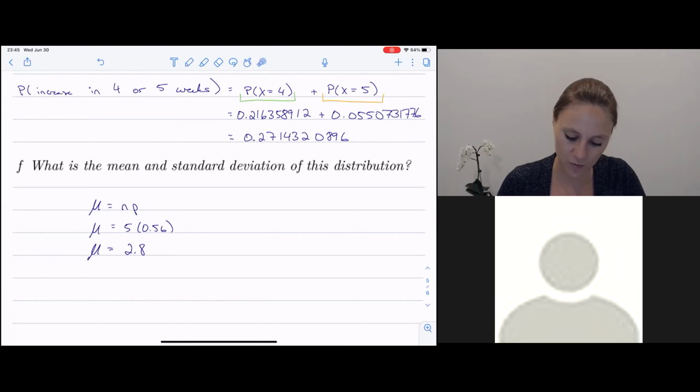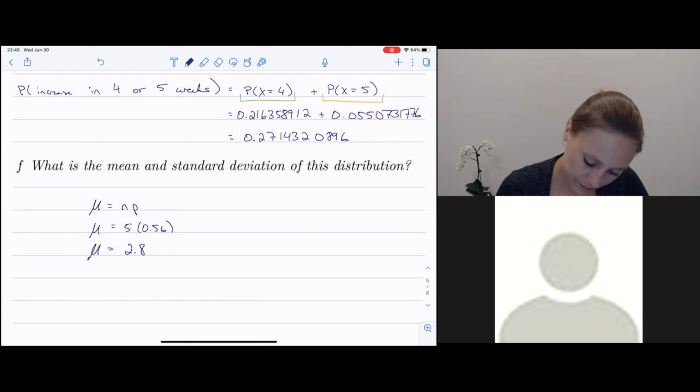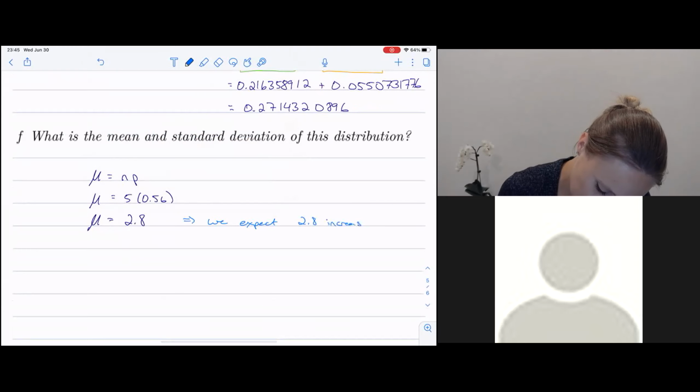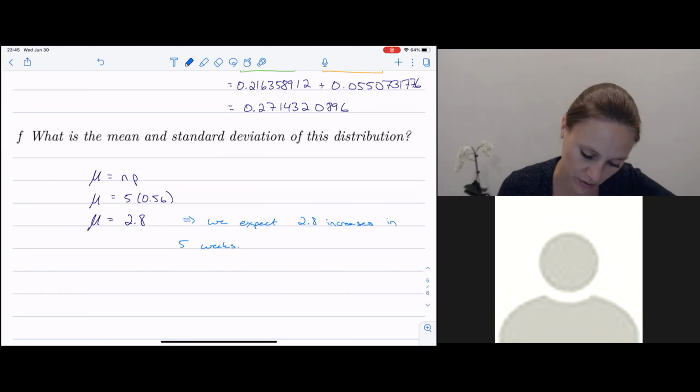But that is because of the 0.56. And so here, this really means we expect 2.8 increases in 5 weeks. We're not going to see 2.8 because we're counting in 0, 1, 2, 3, 4, 5. But on average, we would expect 2.8 increases per week.